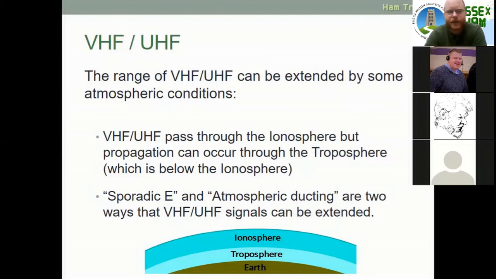You will suddenly start to hear signals coming in from, I'd say on 2 meters, you might suddenly hear signals coming in from France and perhaps a bit beyond. And that is normally due to either sporadic E or atmospheric ducting. It happened a few months ago with television signals. There were reports all around the country of people receiving French television.